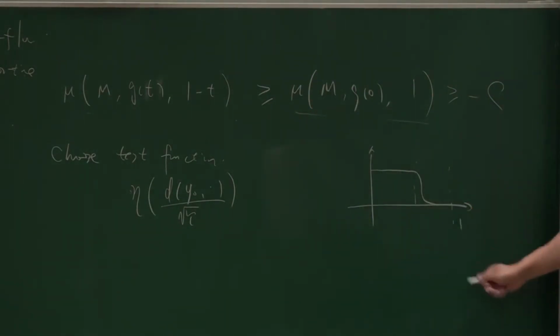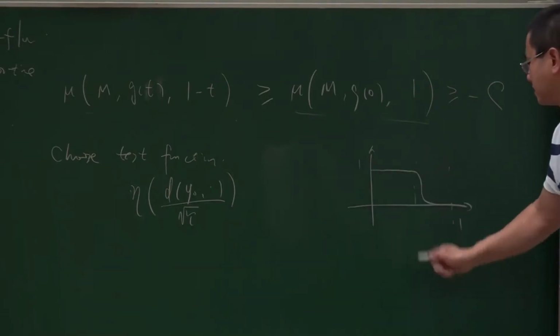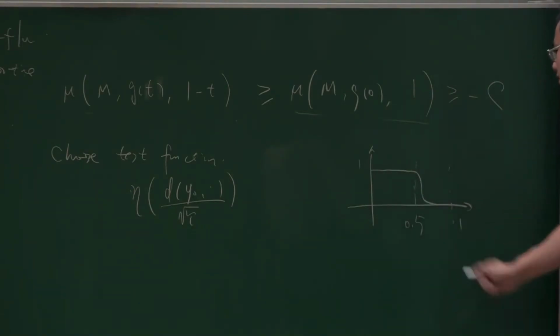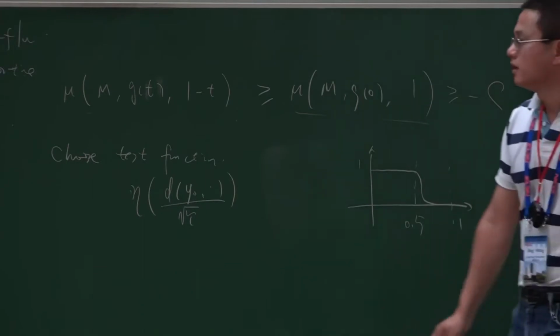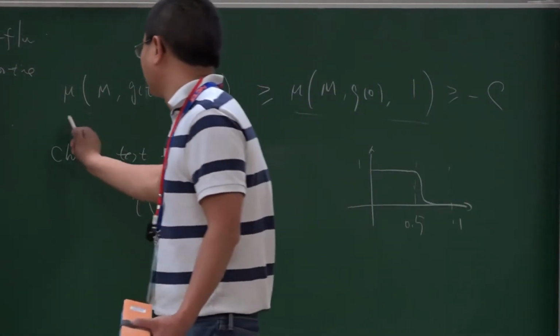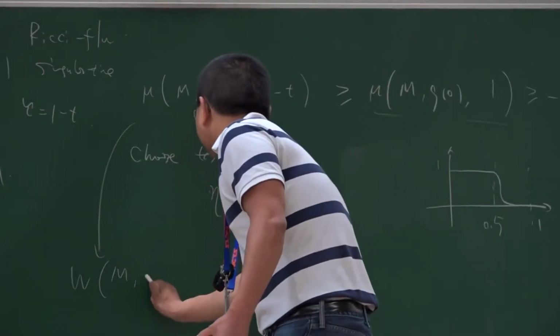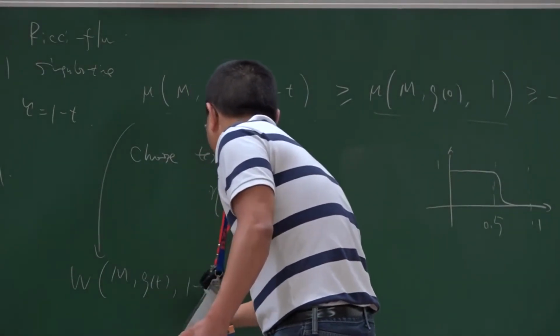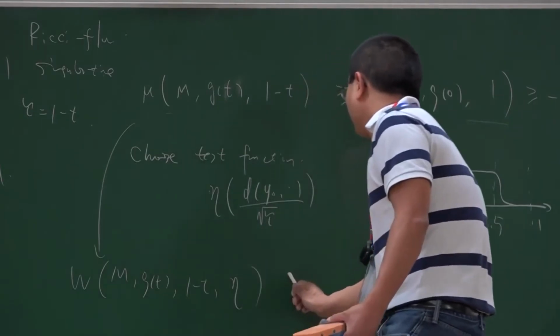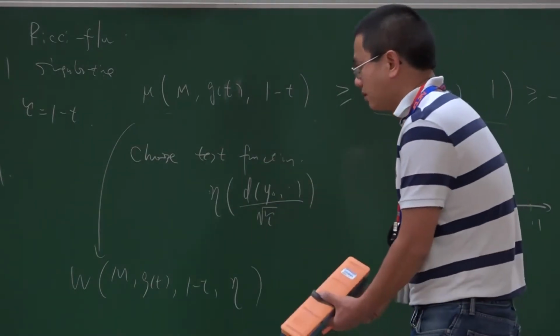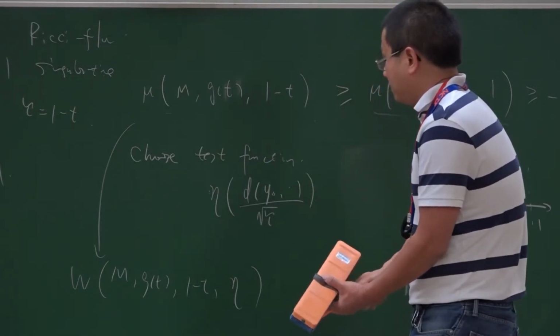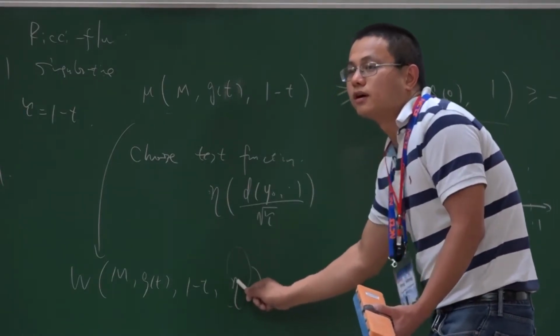So it's 1 here, 0.5 smooth. Then you obtain this W functional of MT, 1 minus T of eta, maybe some log of eta.